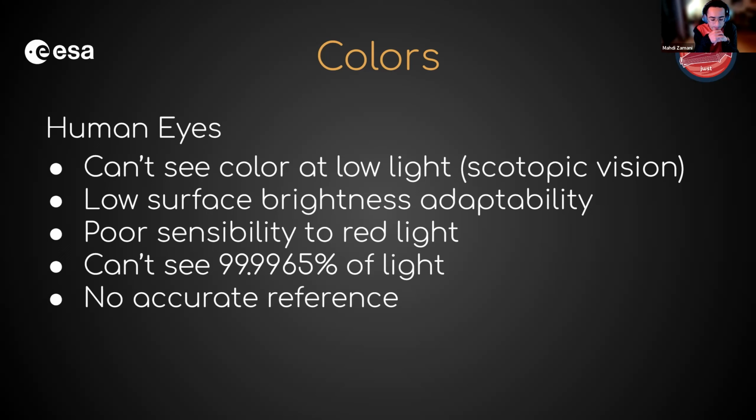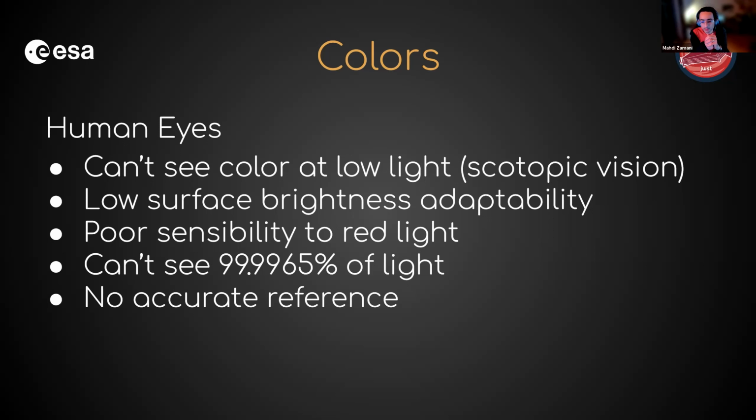So let's give an example. For instance, the Andromeda galaxy is, I think, around 3 degrees wide in the sky, and under very dark night skies you can see it as a faint cloud in the sky. But you don't see any colors in it.